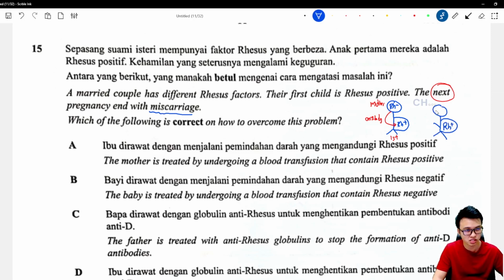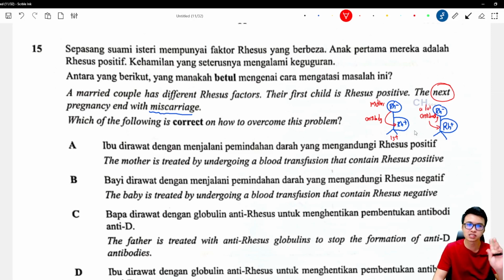The baby is rhesus positive again, and the mother is rhesus negative, so the mother will have a lot of antibodies inside her body already, and they will attack the fetus inside the uterus. So that's why you always want to be the first one born to your mother, not the second one. The second one is dangerous, getting attacked by the antibody.